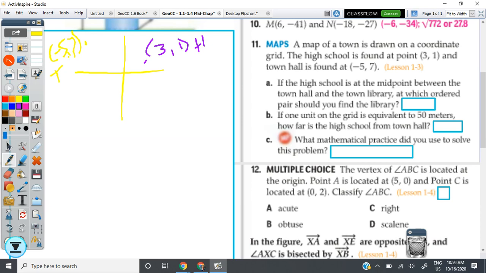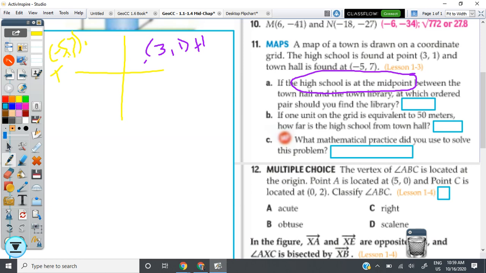Now, this is what I told you was on your last quiz that is not going to be graded. It gives you the midpoint. It says the high school is the midpoint. Well, you could cheat this to get the right answer. All you do is count down and over to the next point, then do that again.